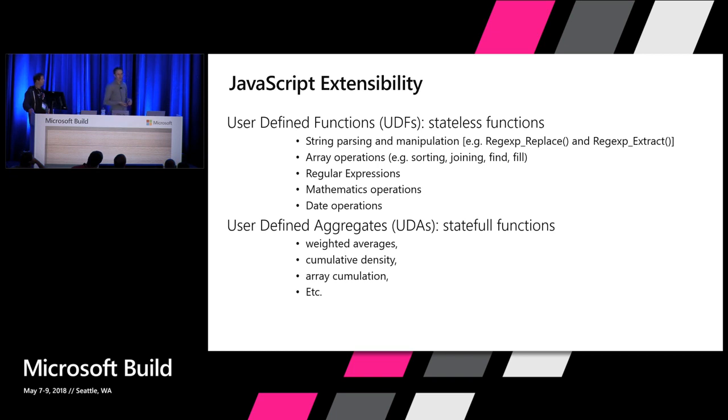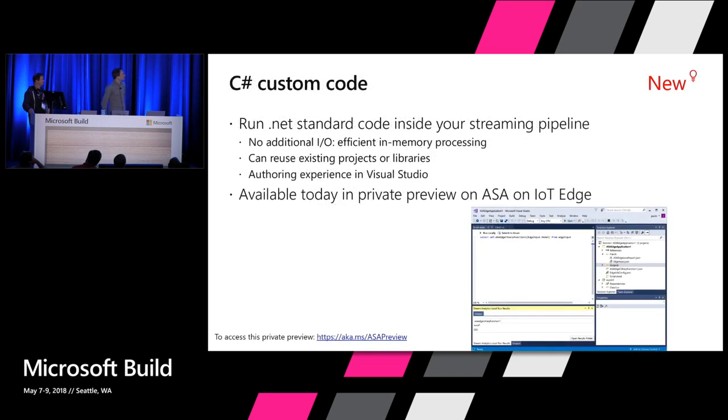We have a little more than 1 year of feedback, very popular features. But we realized that a lot of our customers wanted to have C#. So yesterday, we announced the support for C# custom code. It's in private preview. Today, we are running on Edge only, and we will open it later for the cloud. But basically, what does it mean? It means you can run your own DLL, your own code in your streaming pipeline.